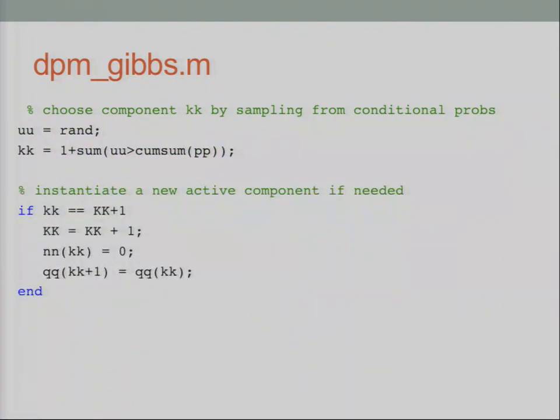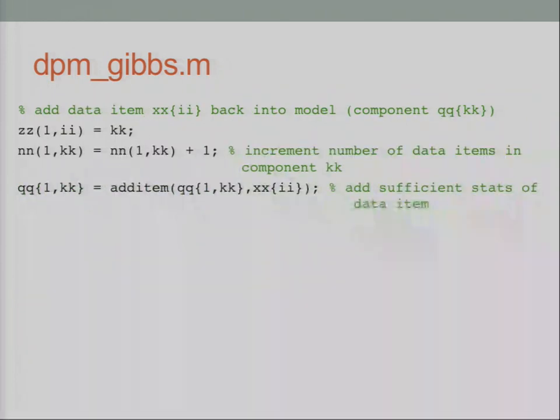Okay, so we sample the component by sampling from the conditional probabilities, and if a new component is added, which means the data point chose to go to a component that nobody else was sitting at, then we need to instantiate the new active component by setting the number of things that it has and setting the sufficient statistics and so on.